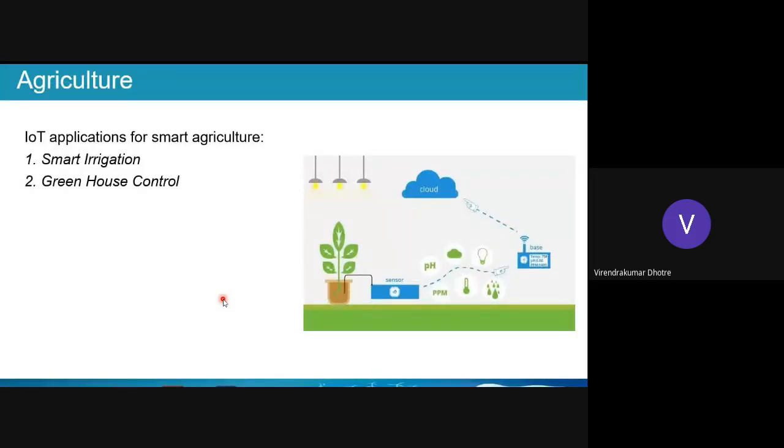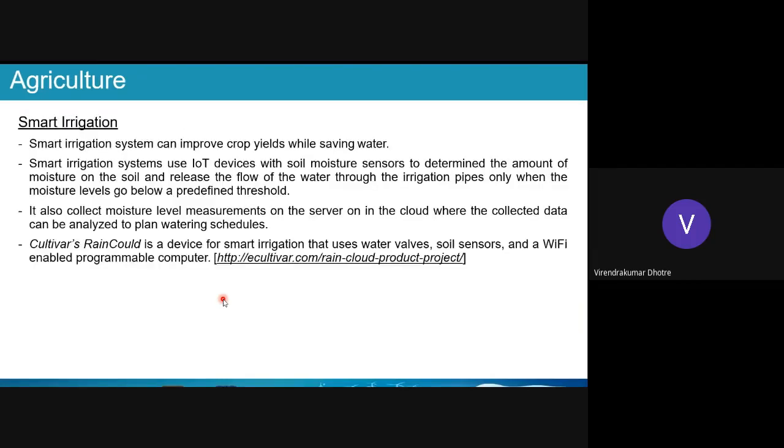Next is the agricultural domain. IoT applications for smart agriculture basically use smart irrigation and greenhouse control, a cloud-based greenhouse control kind of system. A smart irrigation system can improve your crop yields while we save water.